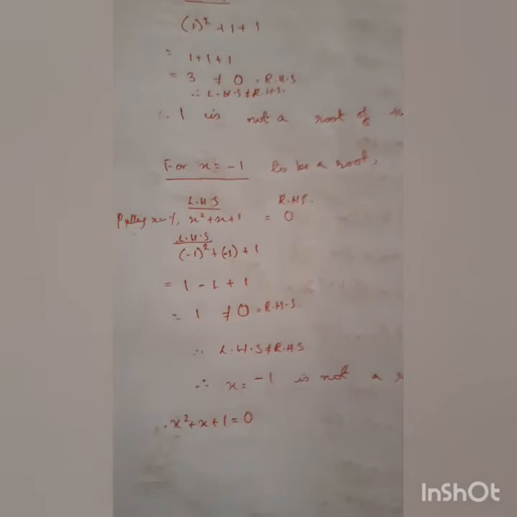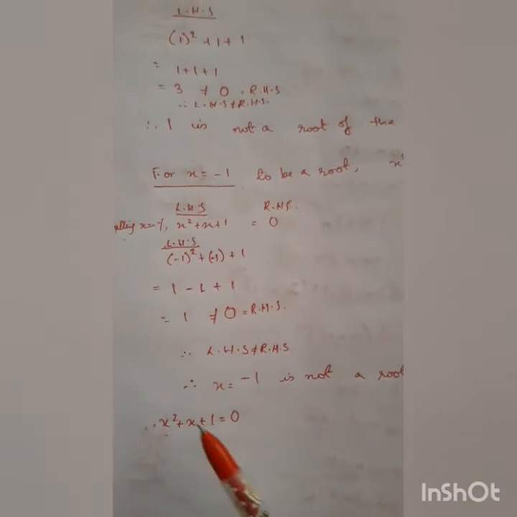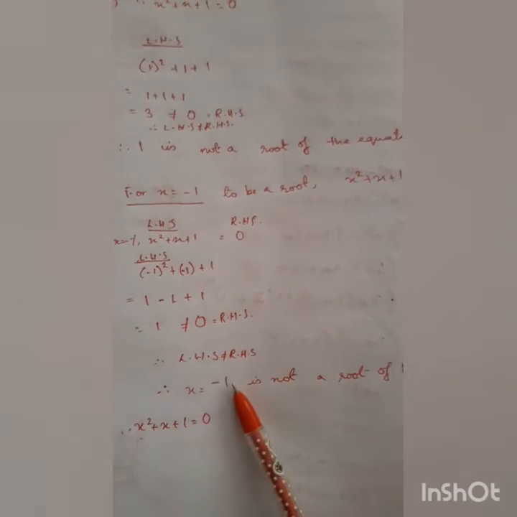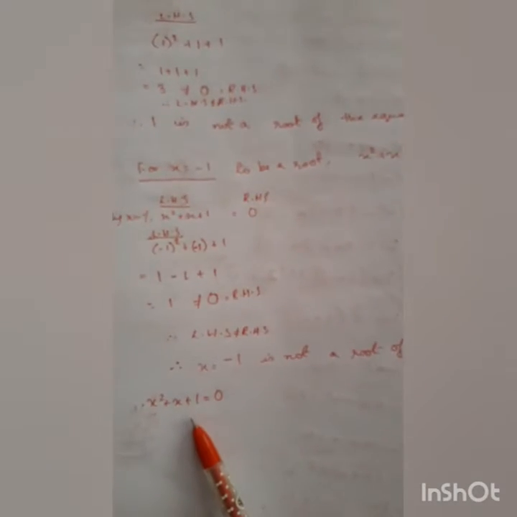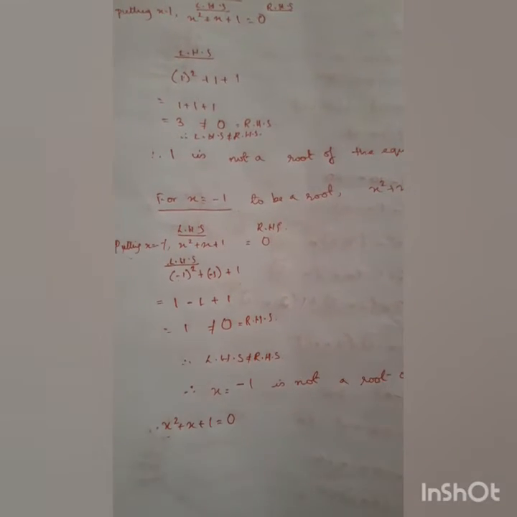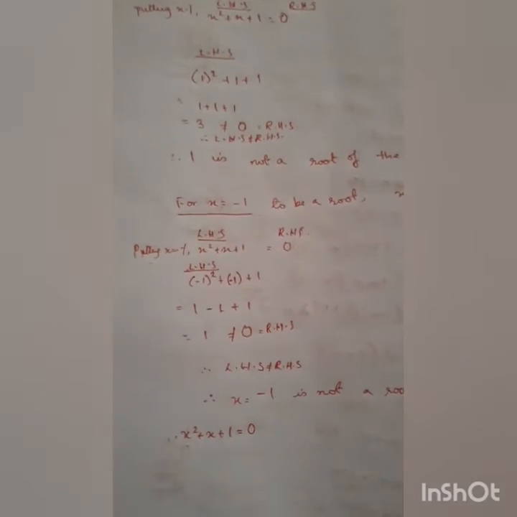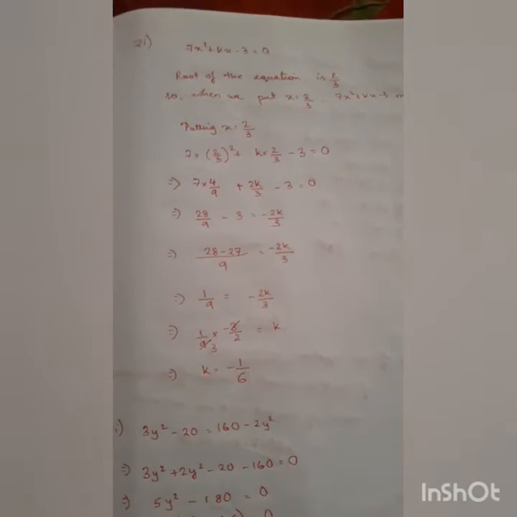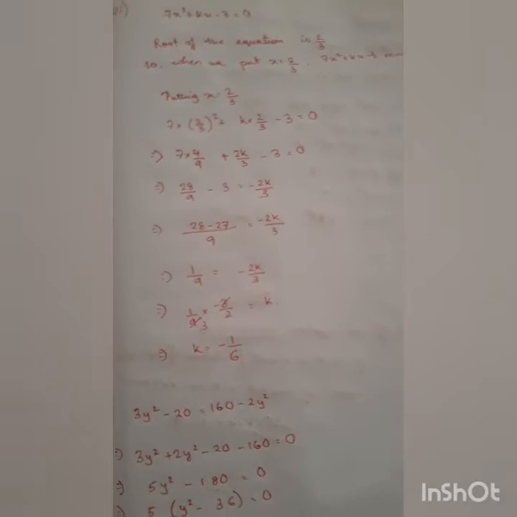Again this is not equals to 0, the RHS. So LHS and RHS are again not equal. Therefore x equal to minus 1 is not a root of the equation x square plus x plus 1 equals to 0. So I hope you have understood children. You just have to put the values and check whether it is coming out as 0 or not. That is all.